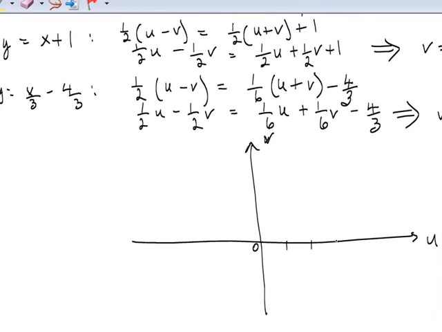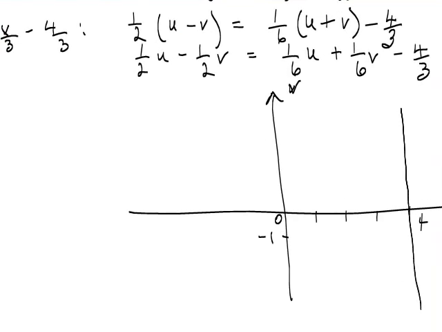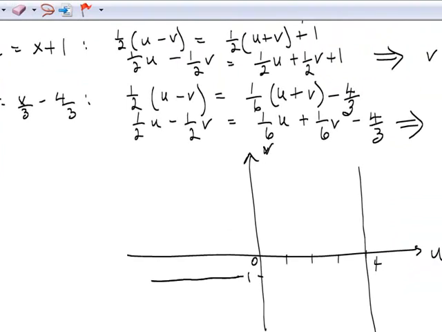So let's go up to 4. You want v equals minus 1. Let's go down to minus 1. And then you want to draw the line v equals u over 2 plus 2. Okay, so this is u equals 4. V equals minus 1.